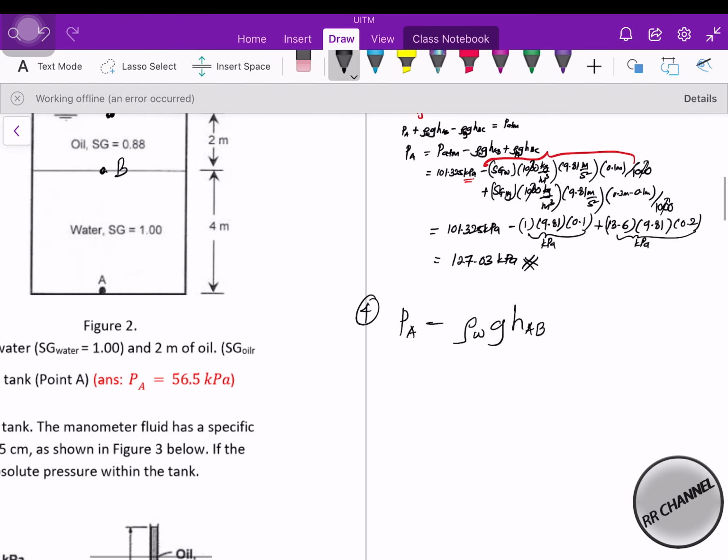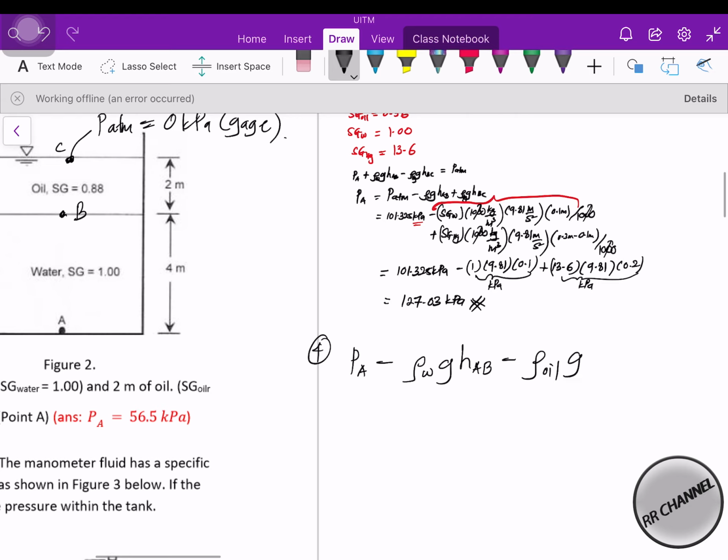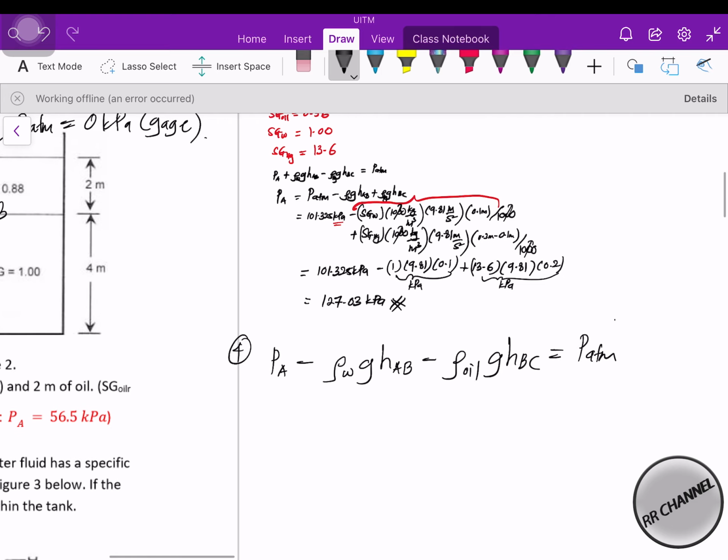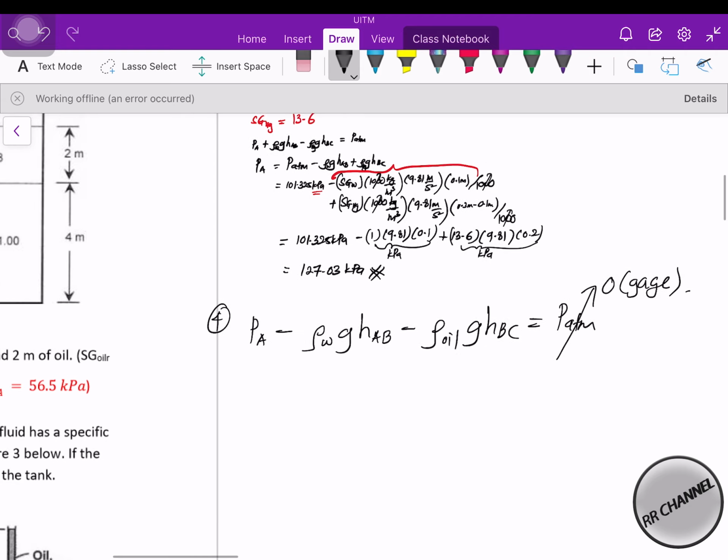Okay, and then you go upside more, minus again, let's say the atmospheric level is point C, rho of the oil, multiply with G, multiply with HBC. This one is equal to PATM.